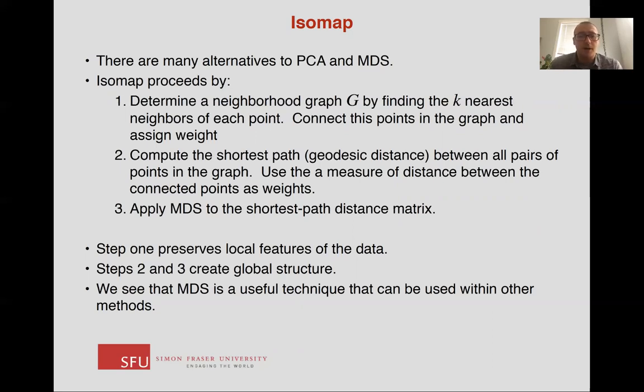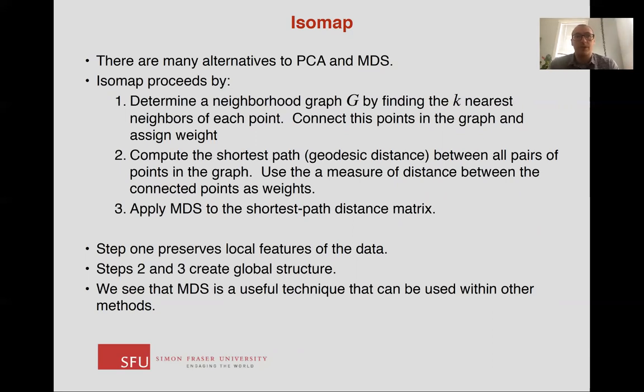With Isomap, we begin by creating a neighborhood graph. We look at all of our points, and we find the k nearest neighbors for each point. Then these points are connected in a graph, and they're assigned weights according to those distances from their k nearest neighbors.